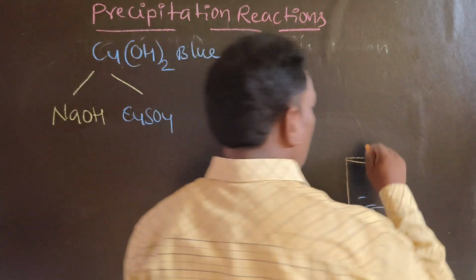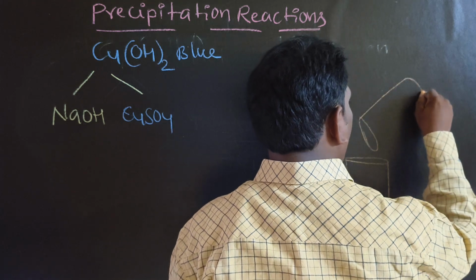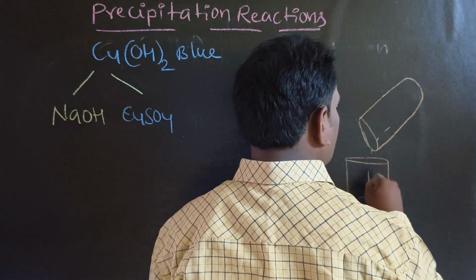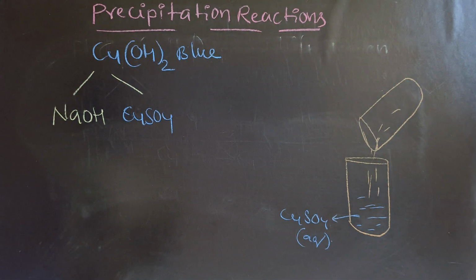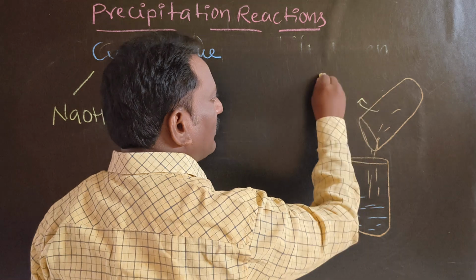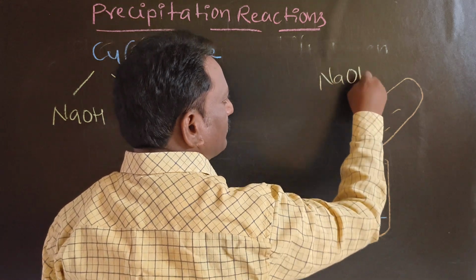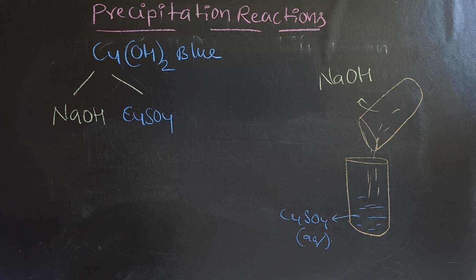And drop a few ml of aqueous solution of caustic soda. What is caustic soda? Yes, sodium hydroxide. Sodium hydroxide is called caustic soda. Right? Next.